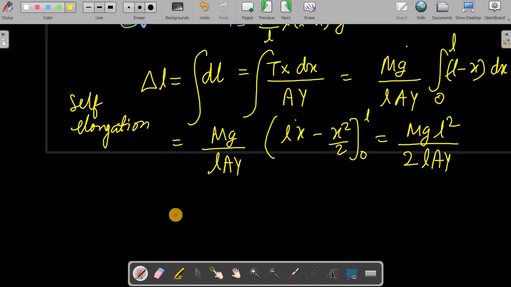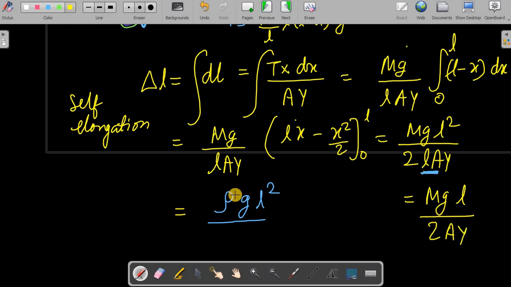In terms of density also you can write, because area into length is volume. Area into length is volume. So mass by volume can be written as density into g L squared. Right. Here L can also be cancelled, and you can write this as mgL by 2AY.